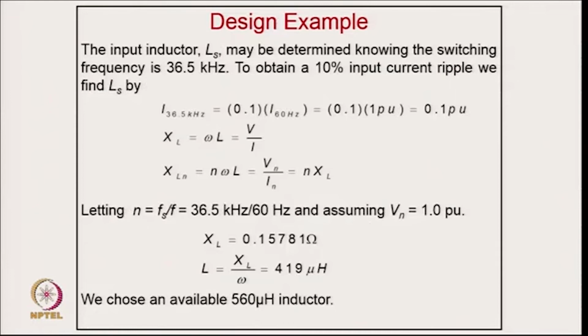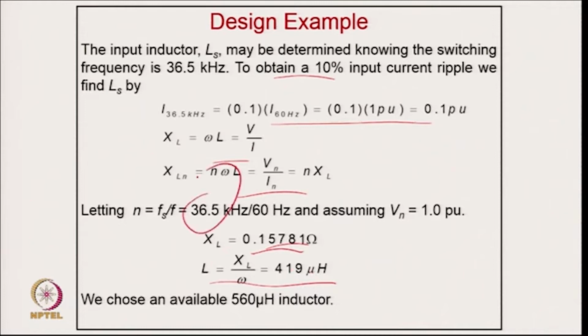And coming to the calculation of the inductor, that is also determined by 10% input current ripple. So we can find out how much the current ripple will be, 10%, and from this, for that particular switching frequency, we get XL equal to this relation, and L we can find out as 0.419 millihenry.